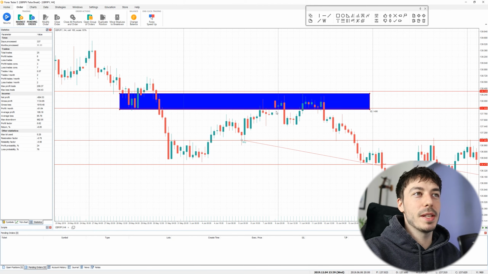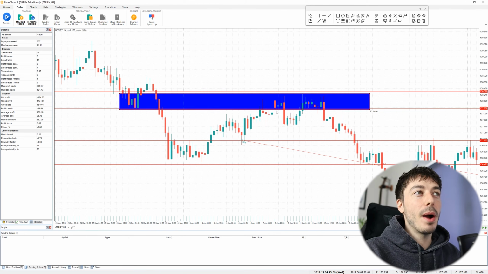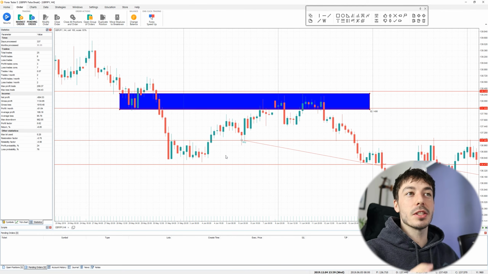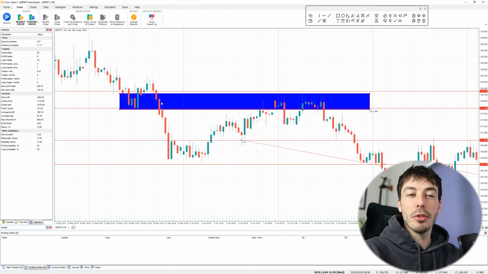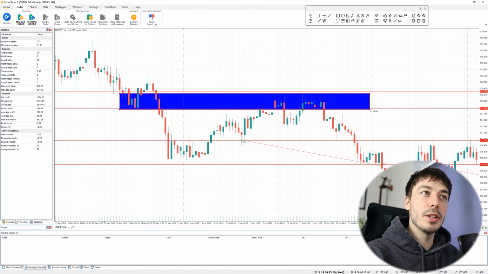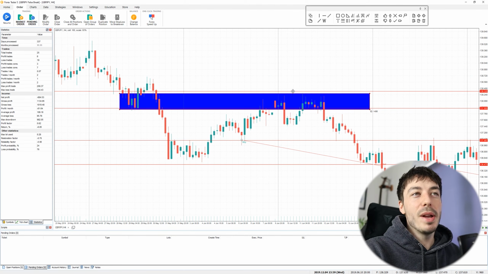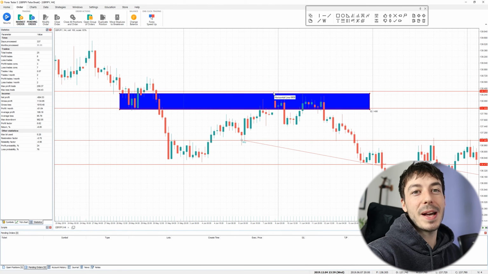So as price comes up into here, you would expect some sort of reaction. Now, our take profit, just because it's an arbitrary 2-to-1, doesn't take into consideration any levels that are on the chart, was slightly above there. Which, if you looked at that and used common sense, you might think, well, that take profit doesn't really make any sense, because basically what we're asking price to do is break through a potential strong resistance level and then take profit only just past it.